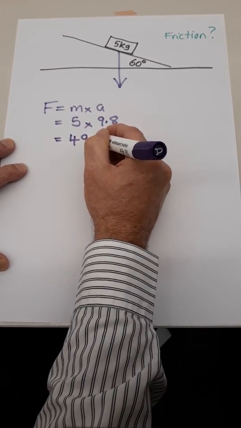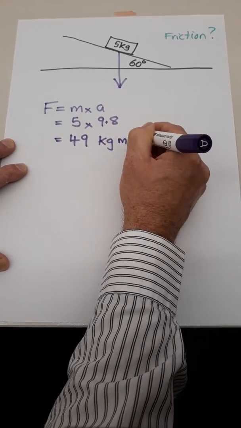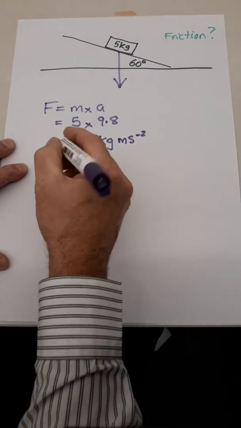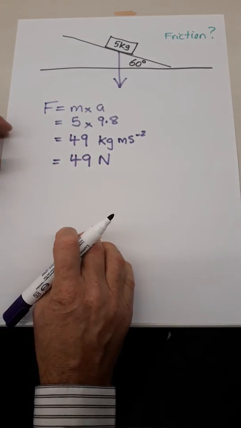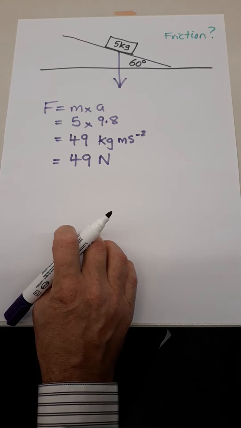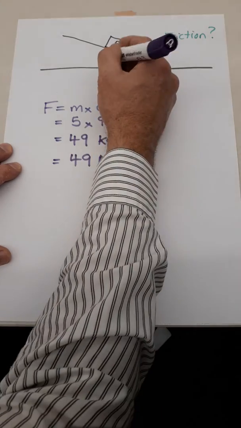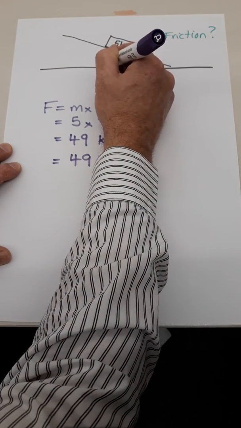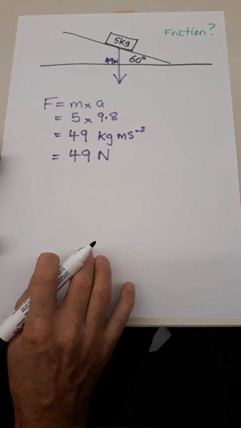Now, it's 49 kilogram metres per second squared, or it's 49 newtons that's acting in that direction.